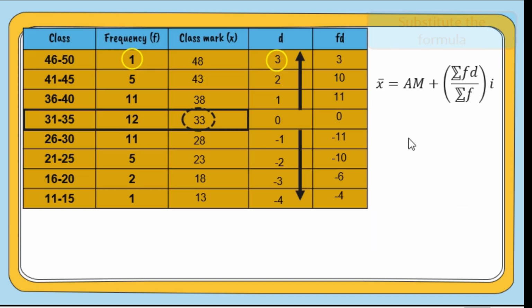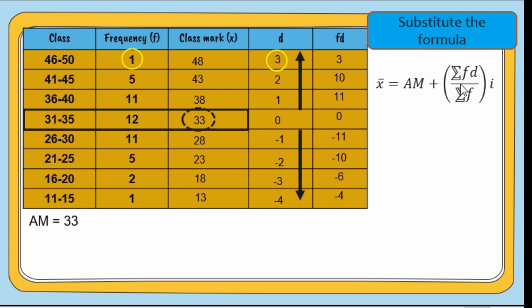So the next step, we need now to substitute in the formula. The formula consists of the assumed mean, the summation of fd, the summation of f, and the class interval. So let's determine first each part of the formula. The assumed mean, we know that the assumed mean is 33. Then, the summation of fd is the result of adding all the fd's. We have answered that already before, which is negative 7.